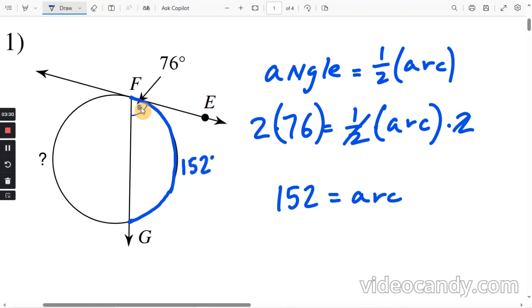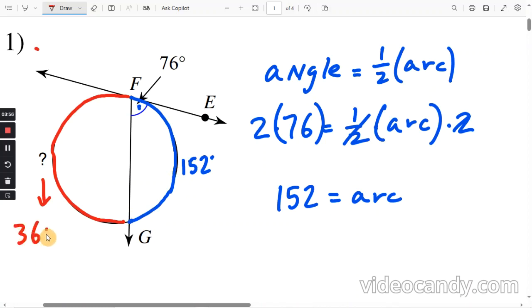Notice the arc is 2 times the angle. However, the question mark they are asking for is the other arc. They are asking us for the arc on this side. How many degrees is all the way around the circle? Well, that's 360. So the whole thing is 360, and we're just going to subtract the one in blue.